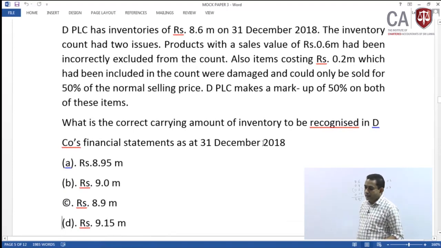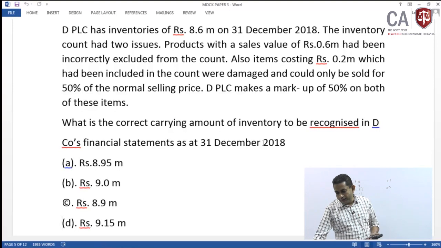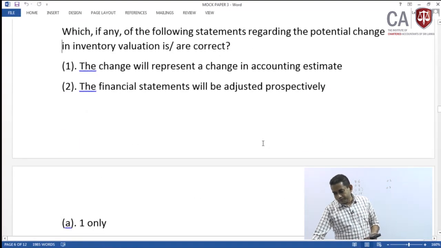What is the correct carrying amount of inventory to be recognized in D company's financial statements? That has to be 8.95 million. Question number 8.